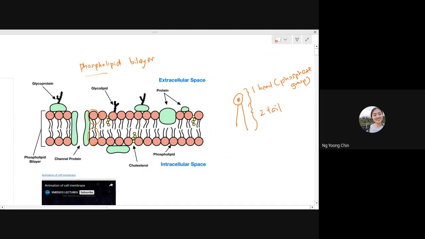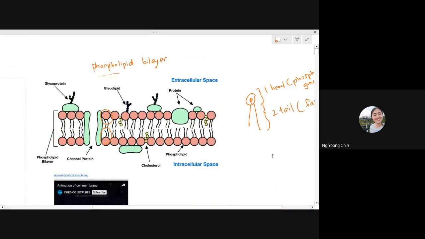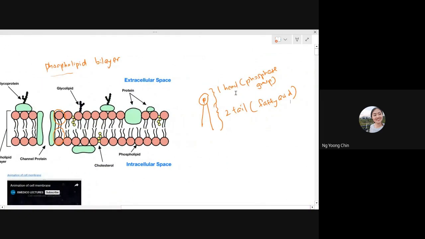P. Then how about the tail? The tail is actually comprised of two fatty acids. Fatty acid, you know, is lipid soluble, right? In Chinese we call it 脂肪酸. So this head is hydrophilic because it loves water.